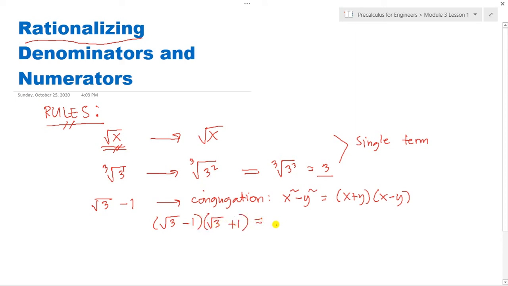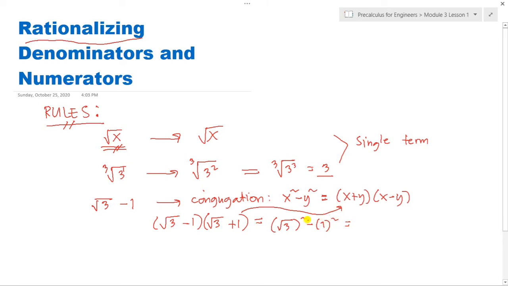Ano mangyayari? This form right here is already similar in this form. Then, para ma-simplify itong form na ito, you just simply square the two numbers, then yung difference nila. So, i-square mo yung square root of 3. So, we have here square root of 3 squared minus 1 squared.